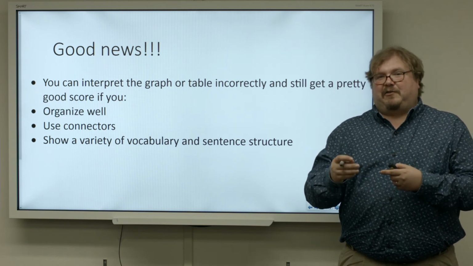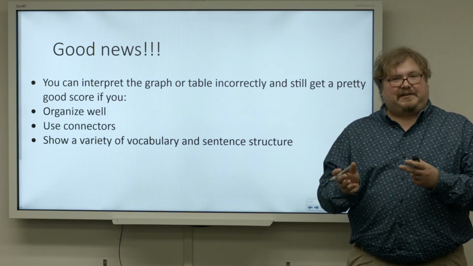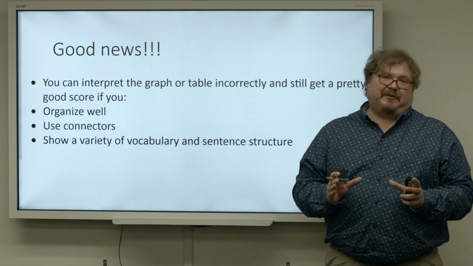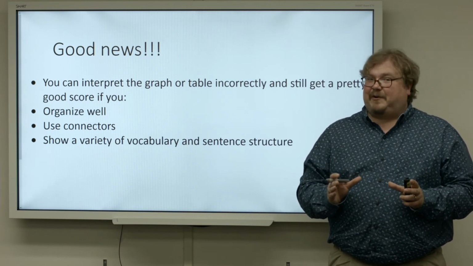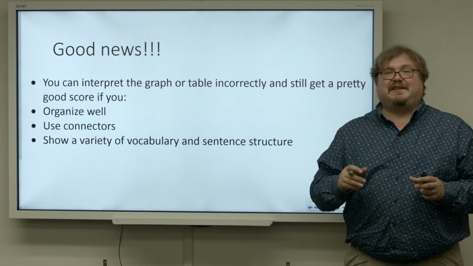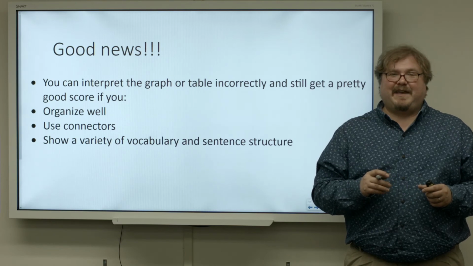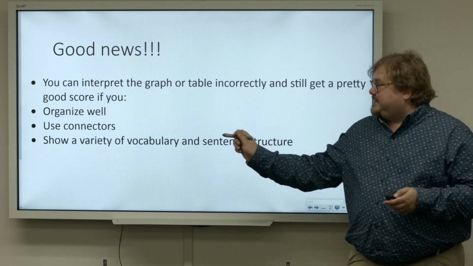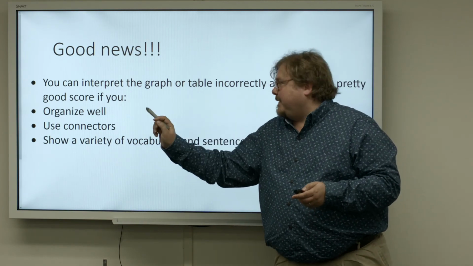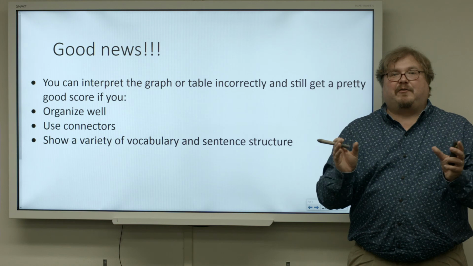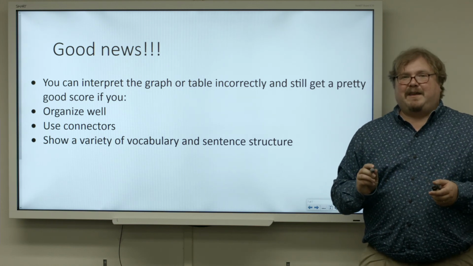And so if your understanding of that graph was slightly mistaken, you can still produce a fairly good summary. And this one, look at it. It's interesting. It's good enough for a 6, even though there was a mistake there. Try to get it right, but keep that in the back of your mind. This is actually the more important part. Organize, connectors, vocabulary, and a variety of sentence structures.